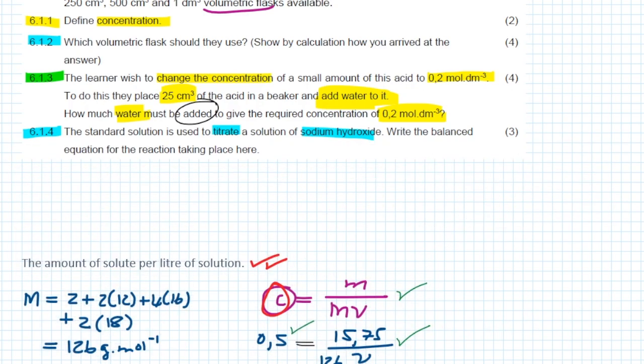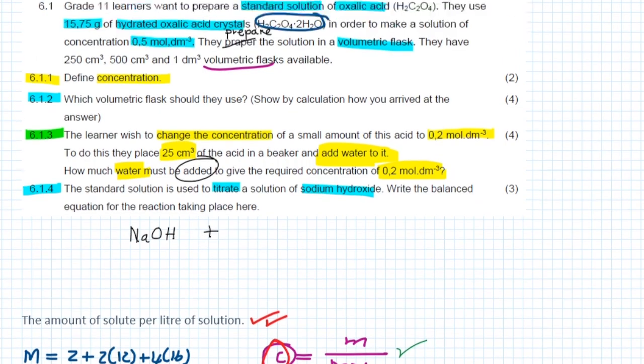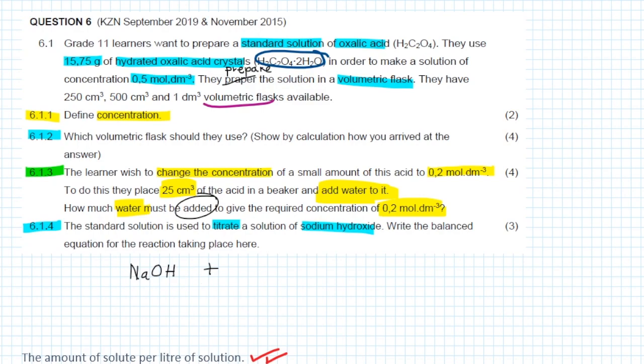So what is going to happen is we're going to take sodium hydroxide, NaOH, and we're going to titrate it with this oxalic acid, which has the formula H2C2O4. Oxalic acid is diprotic, which means it has the ability to donate 2 protons. Remember that when an acid reacts with a metal hydroxide, it forms a salt and water.